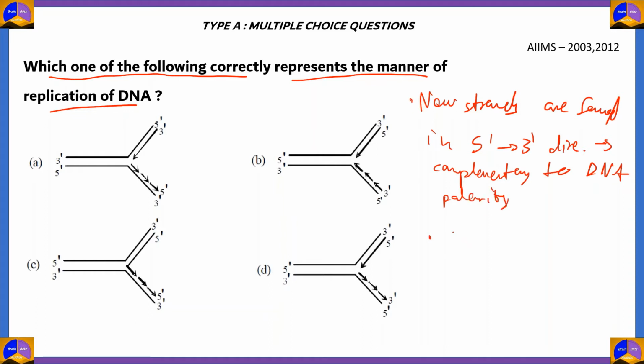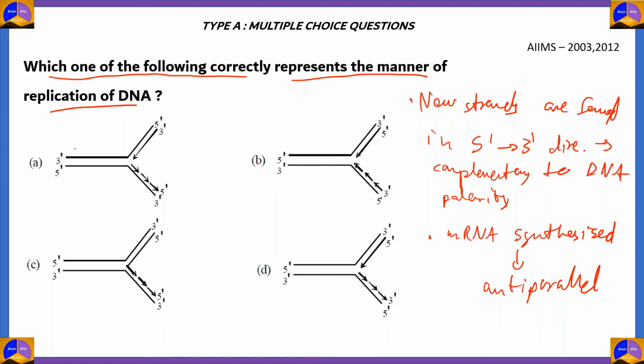Number two, the two strands of mRNA synthesized are always anti-parallel to each other. So one is the relative direction of the strands, and two is the polarity of the mRNA strands. So we need to find out which of these is correct.